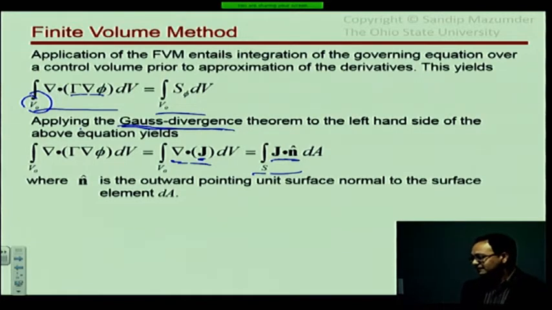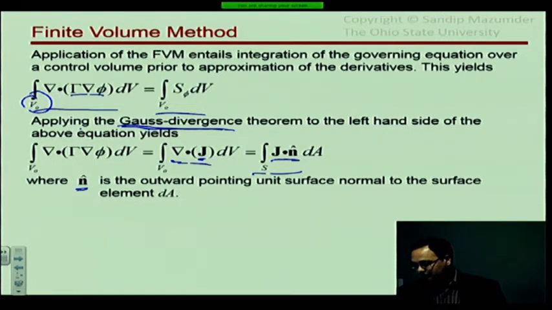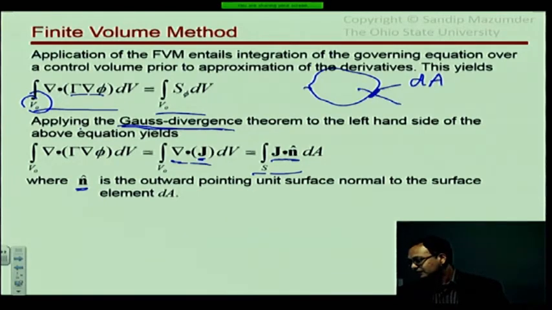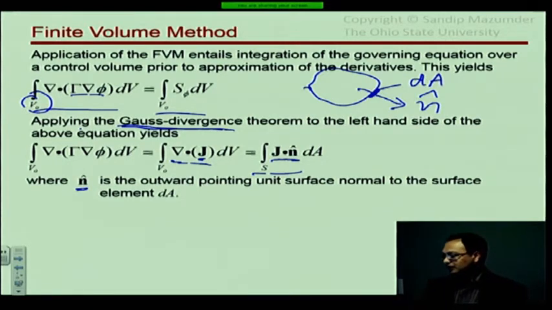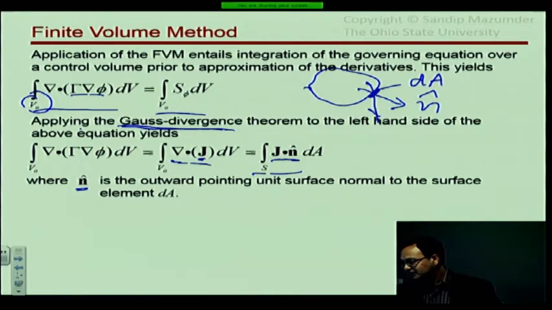So n is the outward pointing surface normal. Basically, if I have a volume here, I have a differential area here, dA. n is the outward pointing, unit surface normal. And J, as I said, could be an arbitrary flux like that.